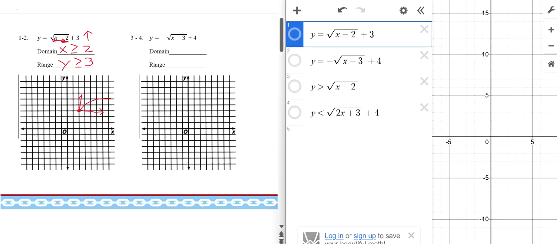So for the next problem, we have y equals the negative of the square root of x minus 3, and then plus 4. So this here is still going to be side-to-side movement. That's going to move my vertex right 3, and then up 4. This negative out in front controls vertical because it's outside of the radical, so it's going to reflect it downward.